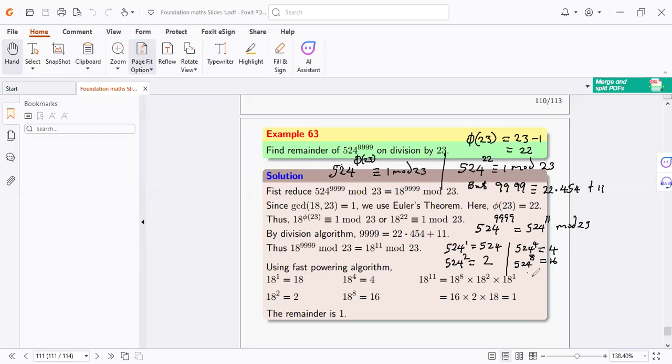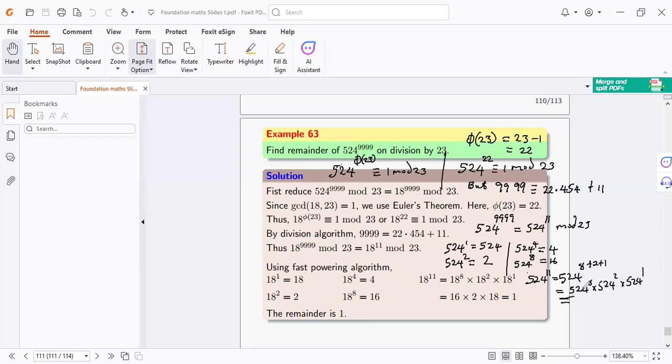So what that means, therefore, is 524 raised to 11 is the same as 524 raised to 8 plus 2, then plus 1, which is 524 raised to 8 times 524 raised to 2 times 524 raised to 1.